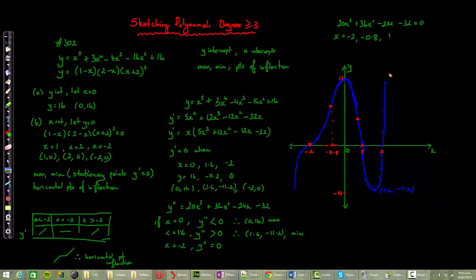So we've got 3 points of inflection: -2, 0; when x is -0.8; and when x is equal to 1, y is 0, because that's an x-intercept. Now for -0.8, we'll need to put that into our original function here to get the exact y value for this point.